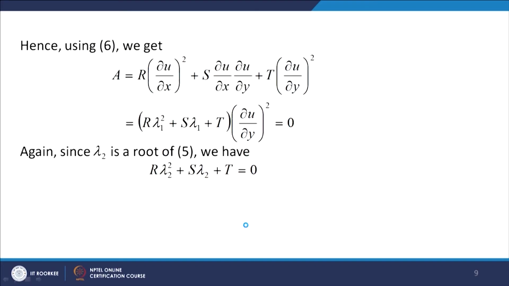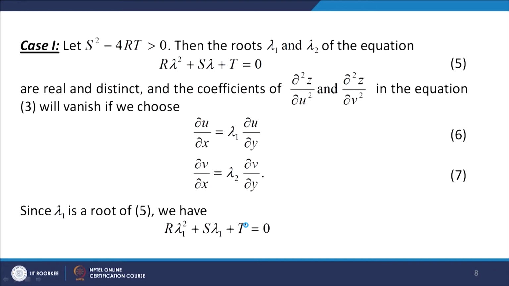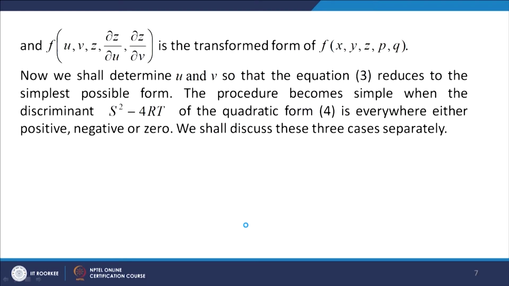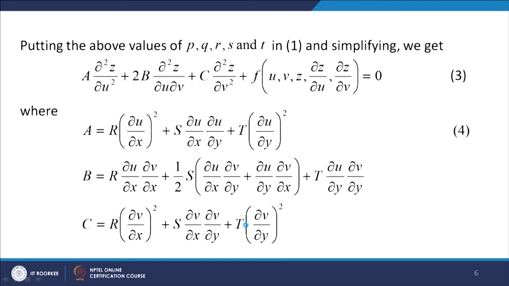Now, let us use equation number 6, this u x equal to lambda 1 u y. So, what do we get here for a? We are using u x equal to lambda 1 times u y.